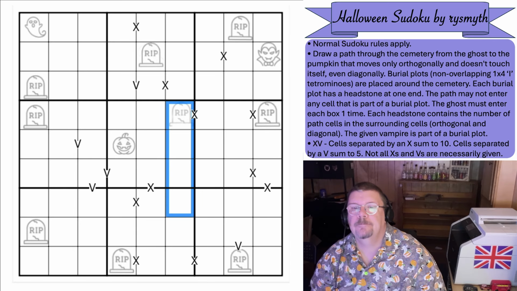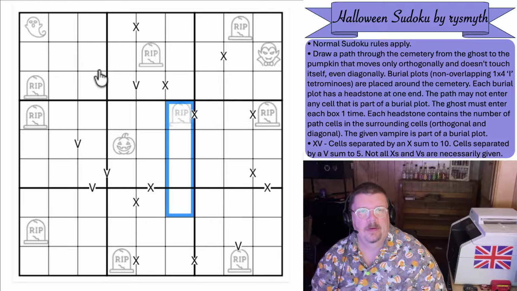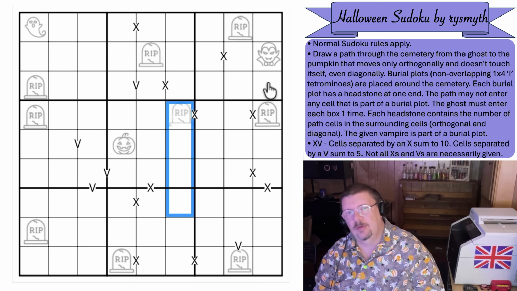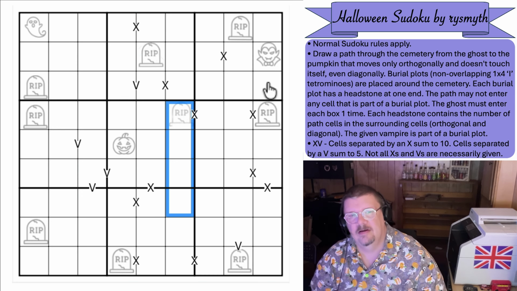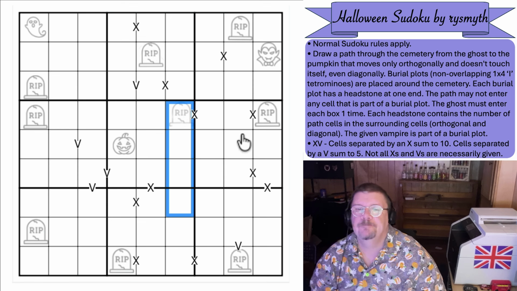The path may not enter any cell that is part of a burial plot, so my path can't go onto burial plots. The ghost must enter each box one time. So the ghost has to enter every box exactly once. So once I've been in a box, I can't go out and then back in.